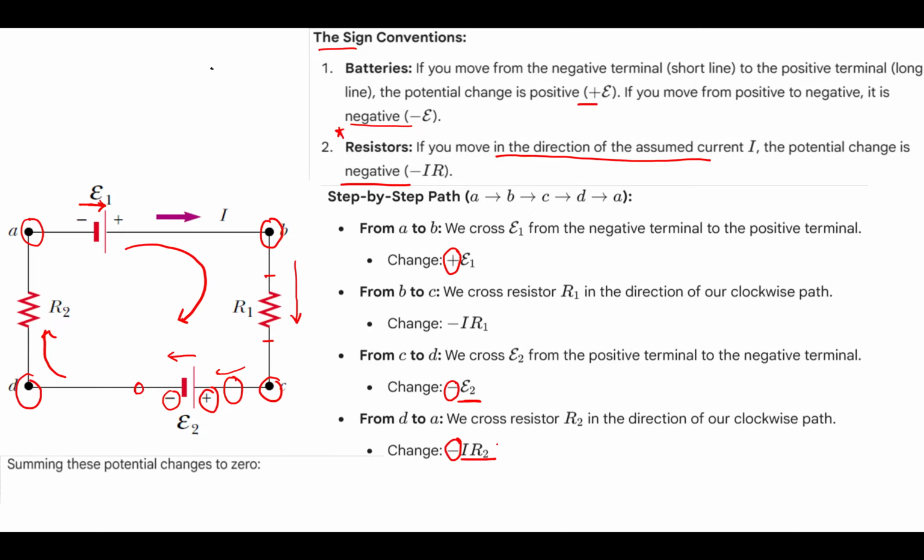Summing up all these potentials, the summation of V is 0, so all together we end up with this equation.